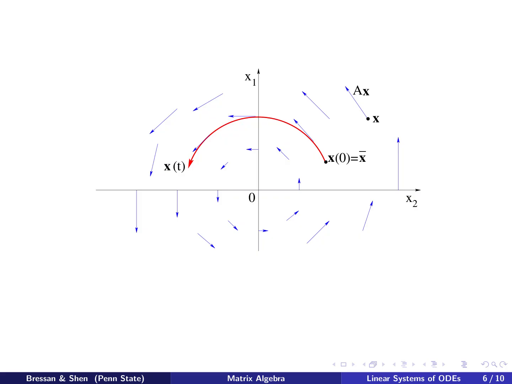Let's look at the second example where the vector field Ax is sketched here in blue arrows. So let's say we have an initial condition x0 is x bar, some point here. So how does it go?